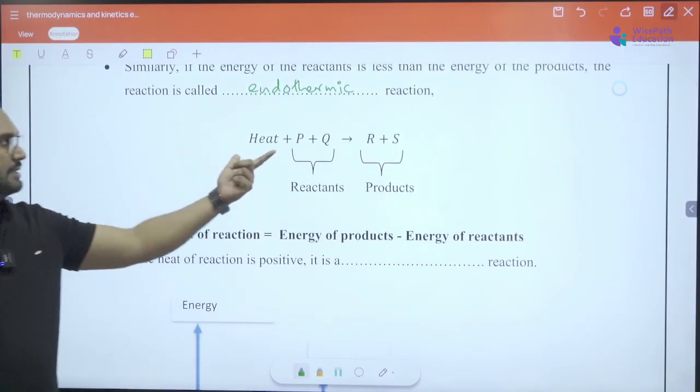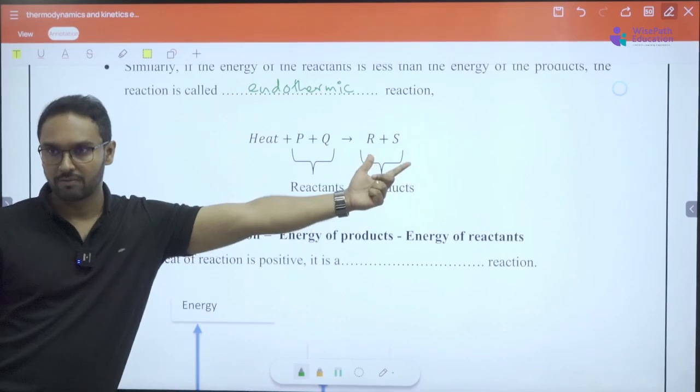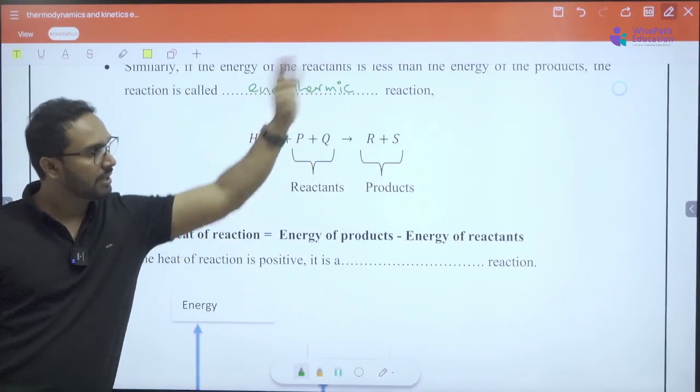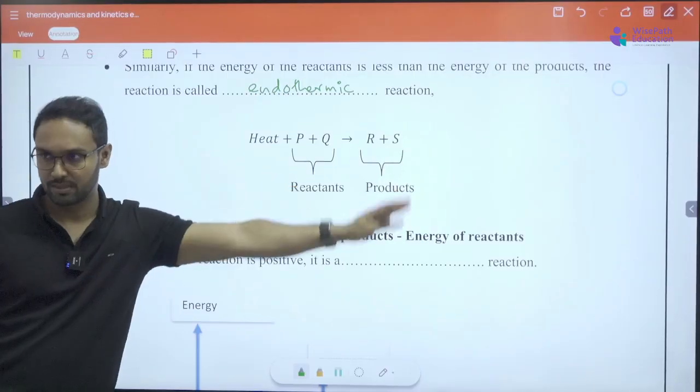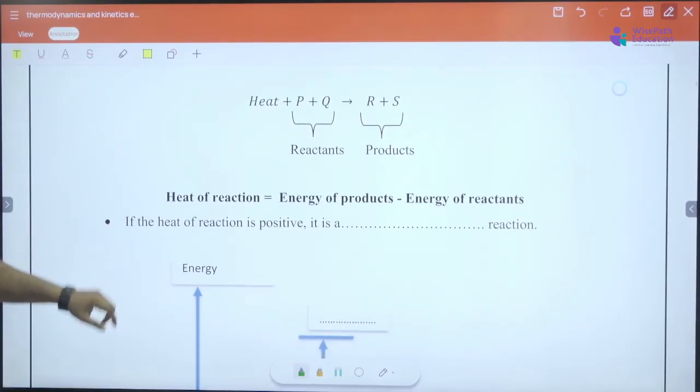So heat is absorbed when the reactants react and the products are formed, right? So when P and Q are reacting, heat is absorbed and the product RS is formed, right? So the heat of reaction is equal to the energy of products minus the energy of reactants.